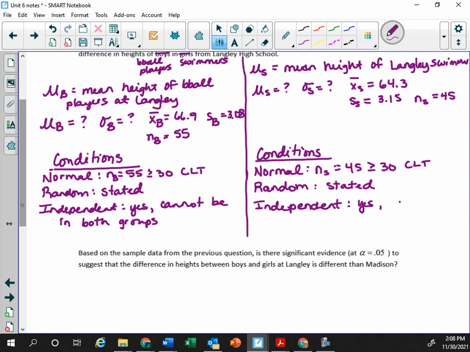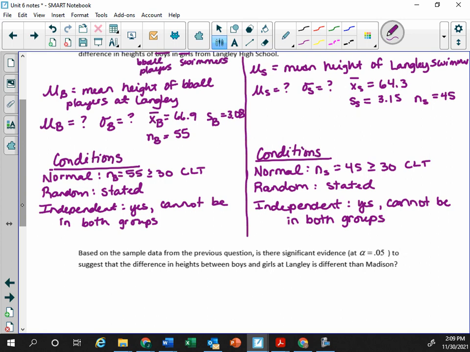Yes, cannot be in both groups. Okay. I've run out of room, but clearly we're not done with our confidence interval. That's just the beginning part of the process. It's all the stuff we gotta check before we do anything. Any questions so far?